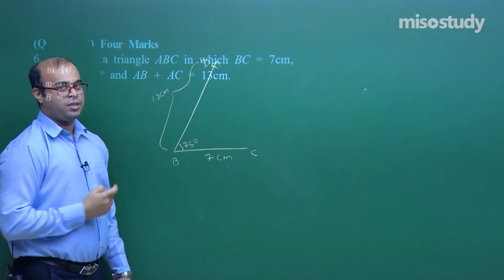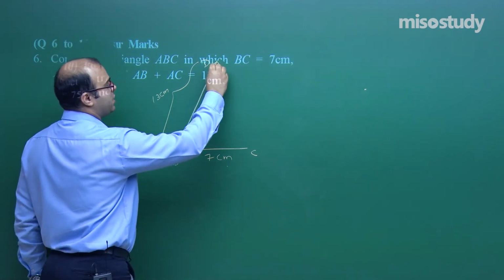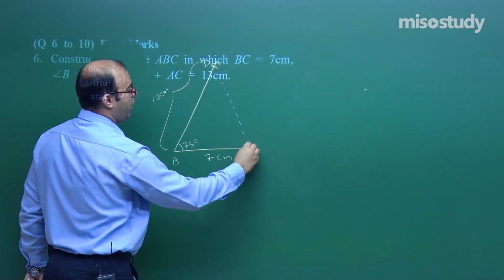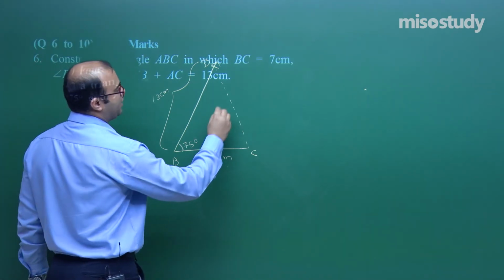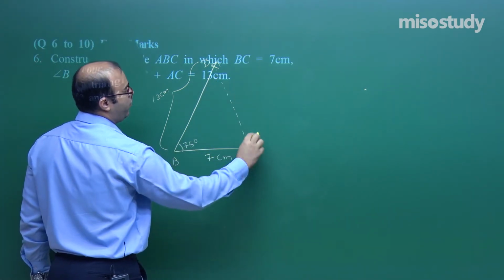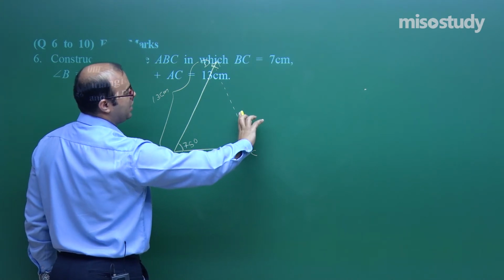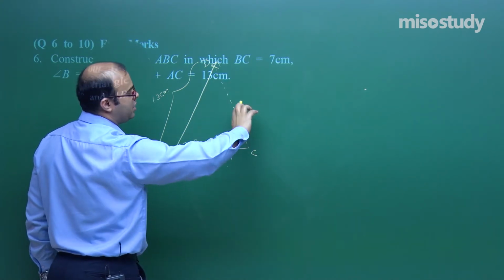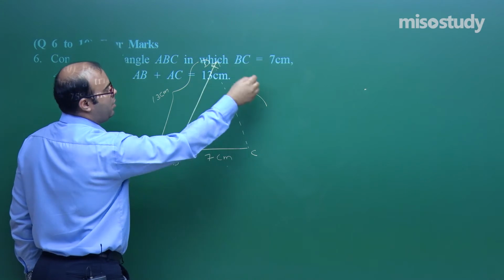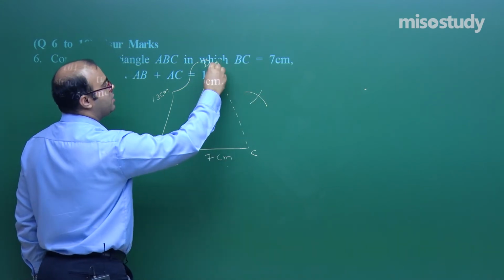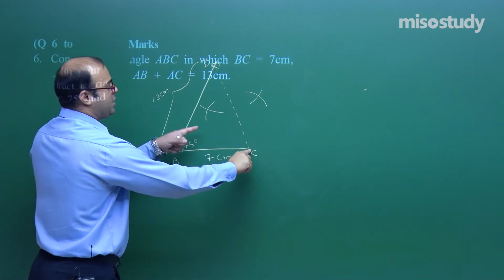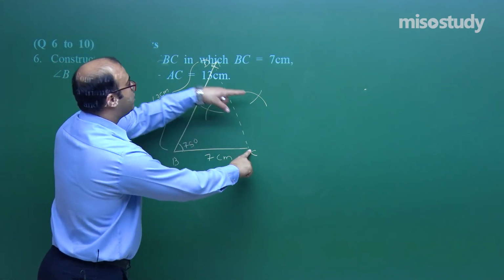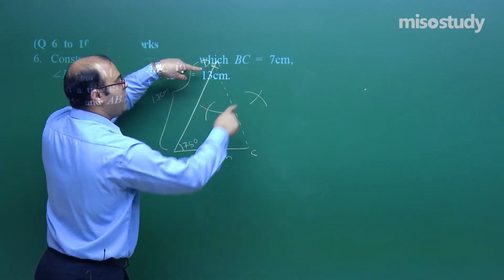What do we do next? We join D with C, students. Okay. Now after joining D with C, we take a perpendicular bisector of this dotted line. We know how to draw a perpendicular bisector. With this point as center and more than half of this distance, we draw an arc. Same from this point: from this point as center and the same radius, 2 arcs.